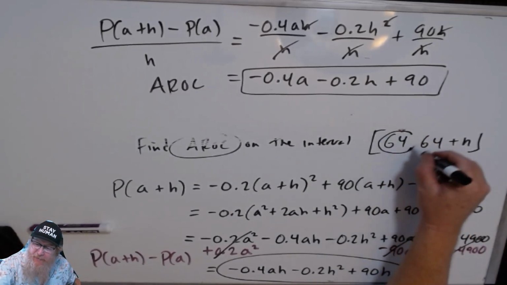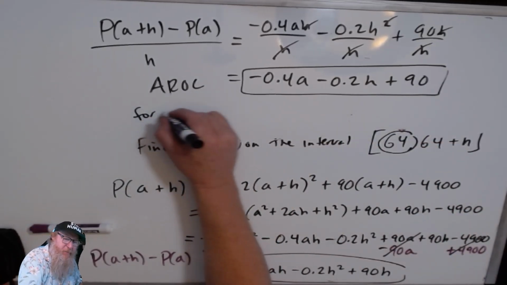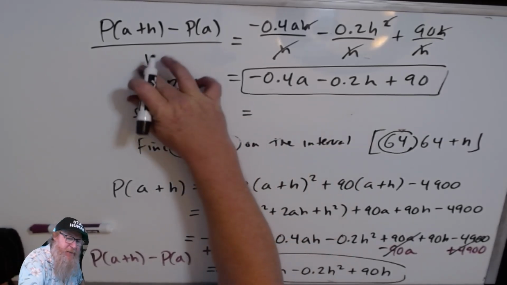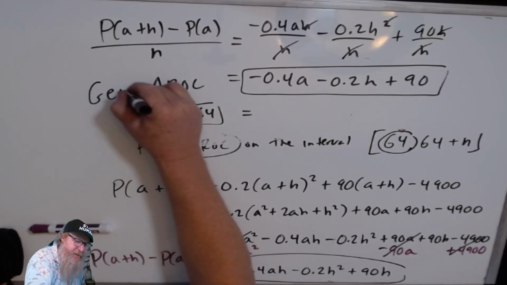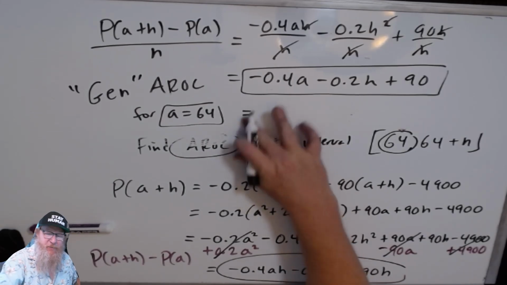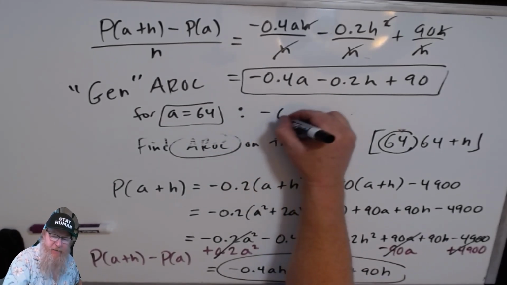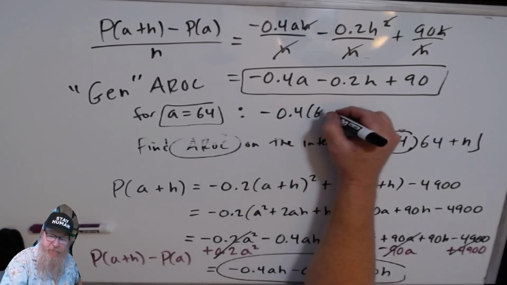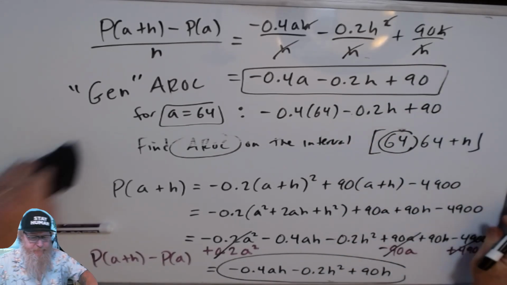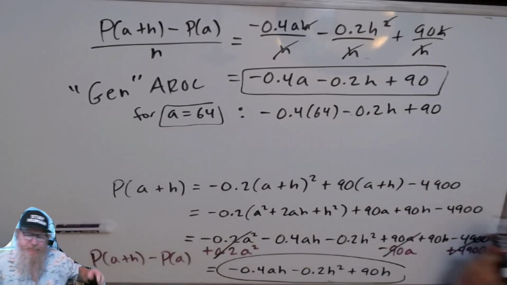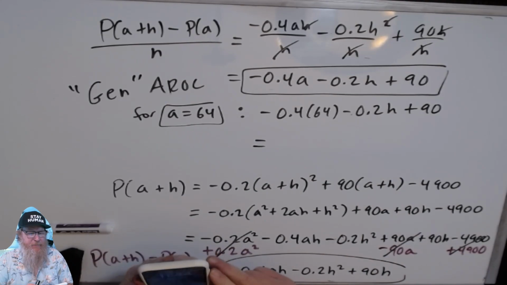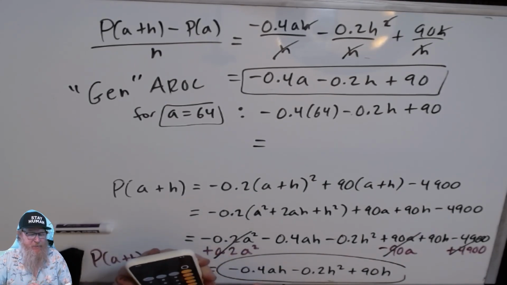Now we need to plug in 64. Sometimes you call this the gen AROC, or the general AROC, as opposed to the specific AROC where we plug in a value for a. I probably could do that in my head, but I don't want to screw this up, so I'm going to just do it here.